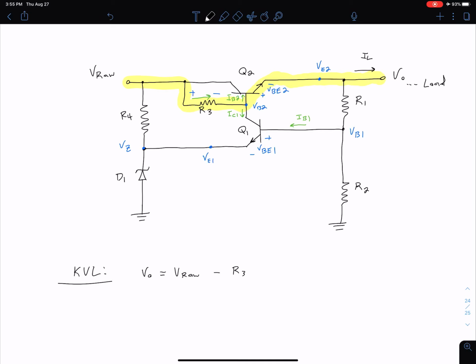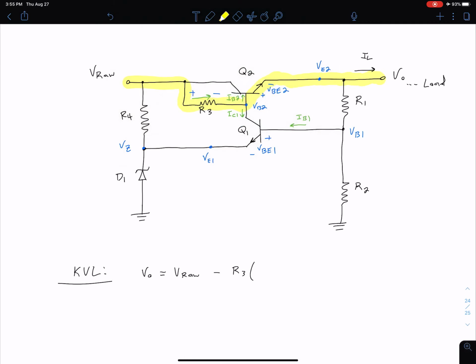Our voltage drop across R3 is going to be that resistance R3 times the total current in R3, which again from KCL we can see is going to be IB2 plus IC1. That comes from right here, because we have IB2 coming up, IC1 going down, whereas this current was coming in. So from KCL we can see that relationship.